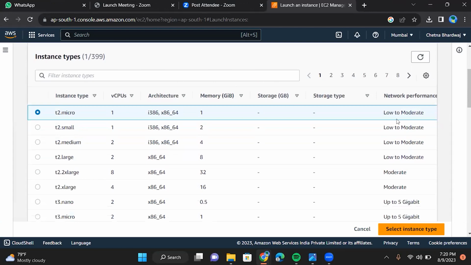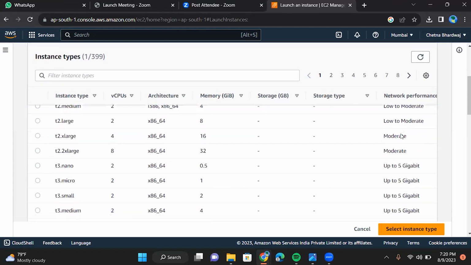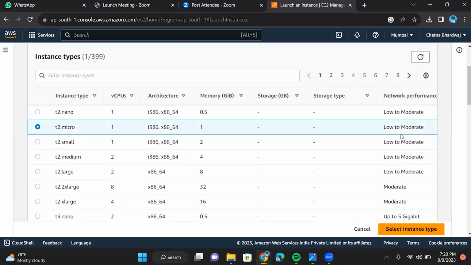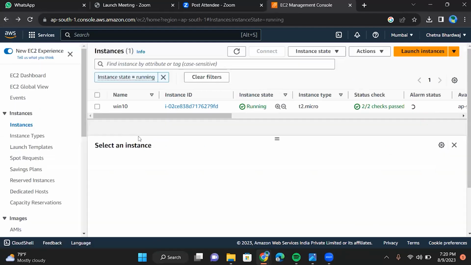Over here, it is showing low to moderate network performance. If we want network performance up to 5 gigabit, then we will go with the T3 Nano. According to their performance, there are different types of instances, and according to our need, we can select from this list.